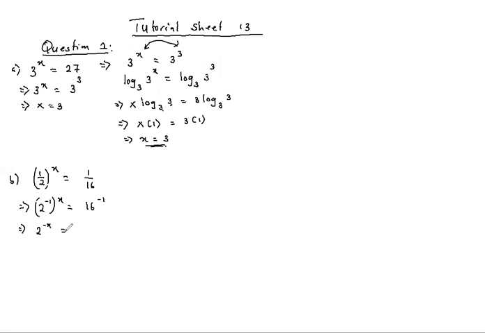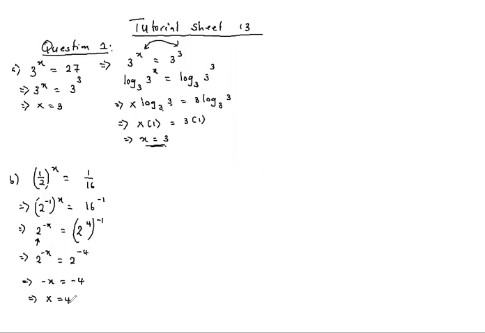You can also raise 2 to some power to get 16. So you say 16 is 2^4, you're using this same base. So (2^4)^-1, and this becomes 2^-4, implying that negative x is equal to negative 4. So x is equal to 4.